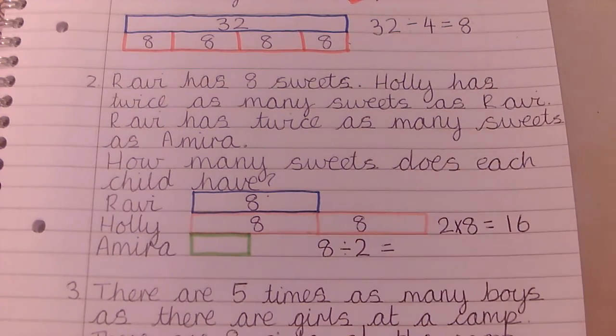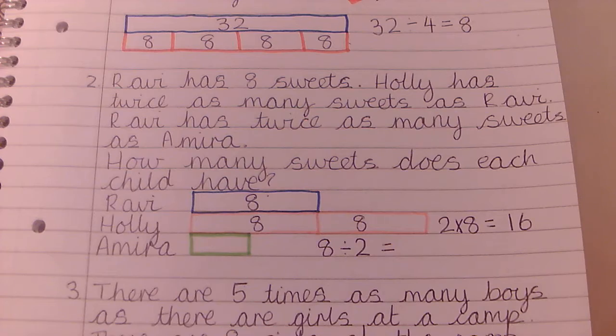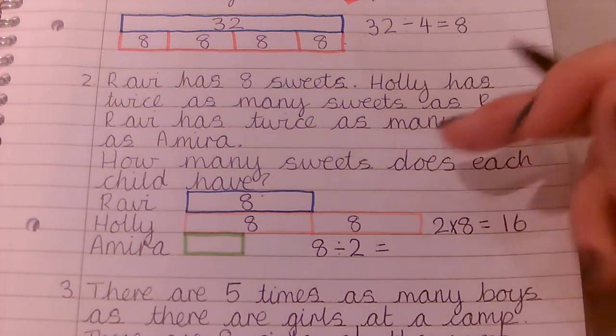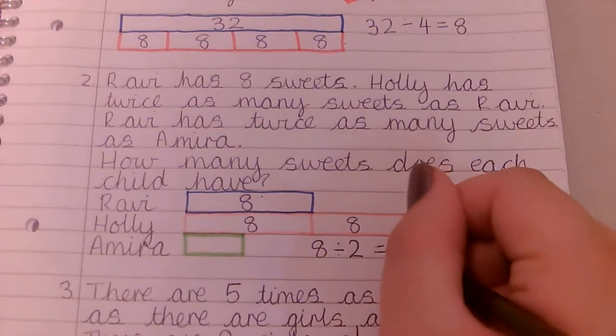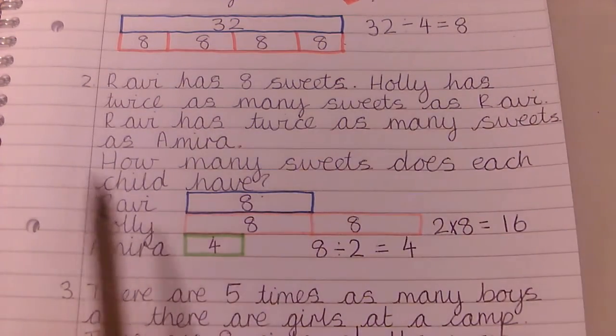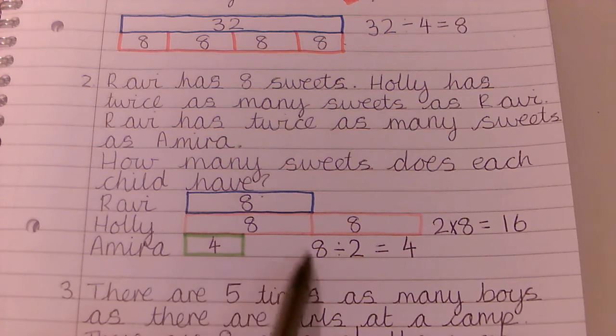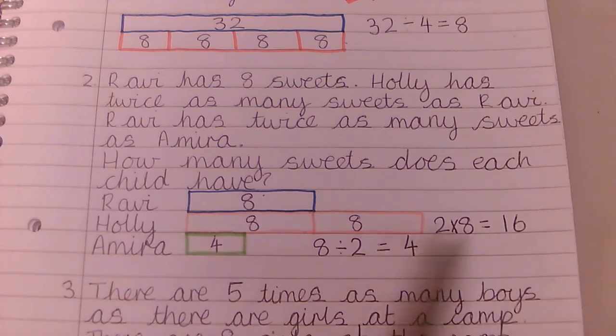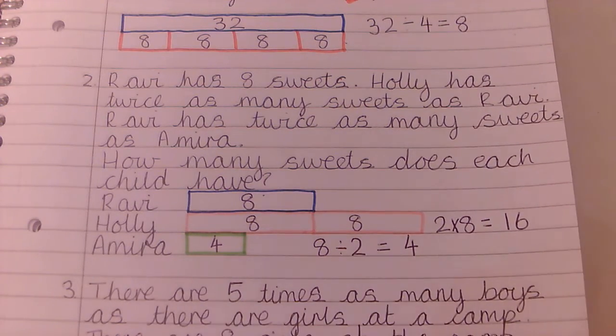We can count up in our 2s to see how many 2s go into 8. 2, 4, 6, 8. How many? 4. The way we can check that is 4, and if we had another box it would be the same. 4 and 4 makes 8. So Ravi has 8 sweets, Holly has 16, and Amira has 4.